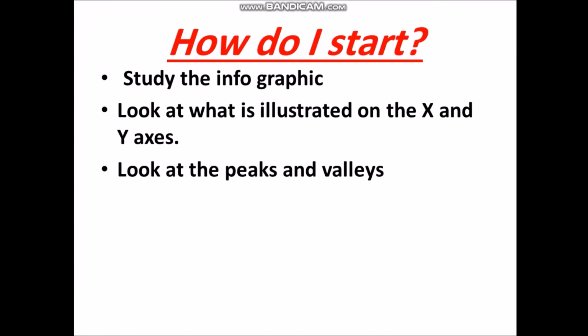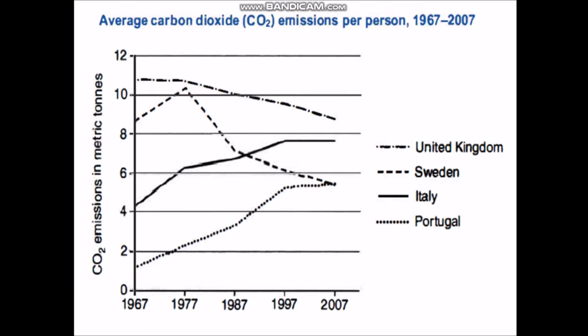I also have to pay attention to the peaks, highest points, or tops, and to the valleys, lowest points, or bottoms. For example, the CO2 release of each Swedish citizen was at its peak in 1977, and that of a British individual was at its lowest in 2007.